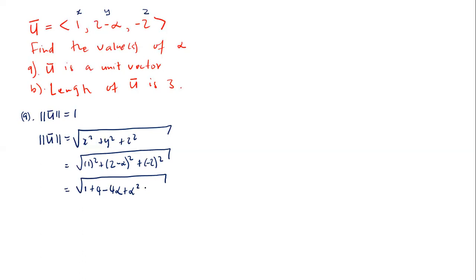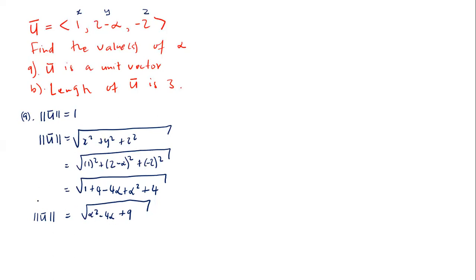And (-2) to the power of 2 is +4. So I have alpha squared minus 4 alpha, and 4 plus 4 plus 1 is 9.